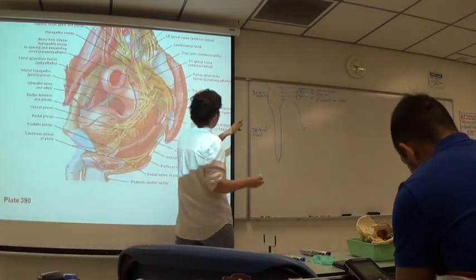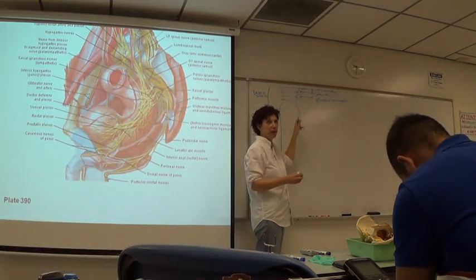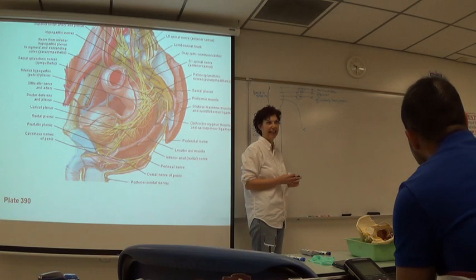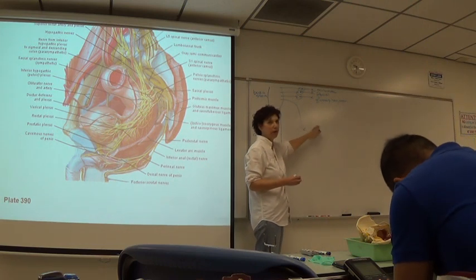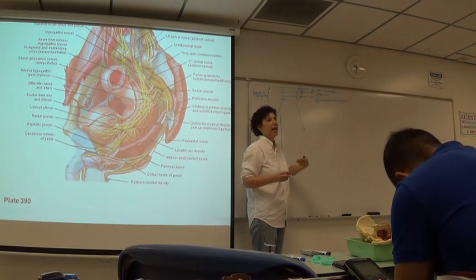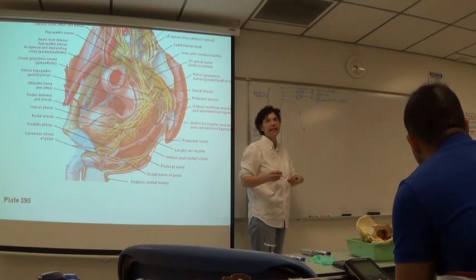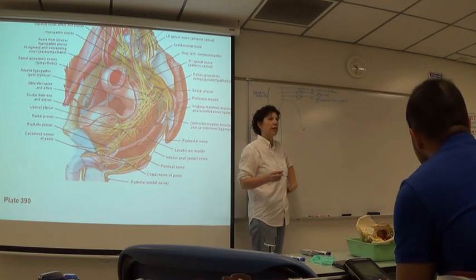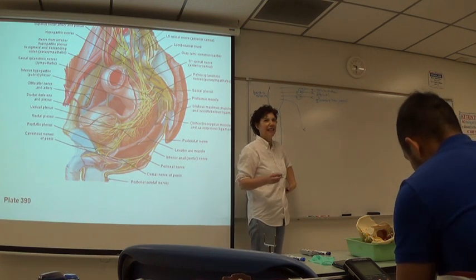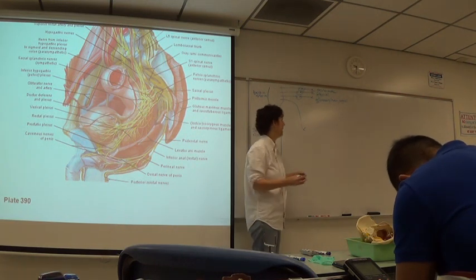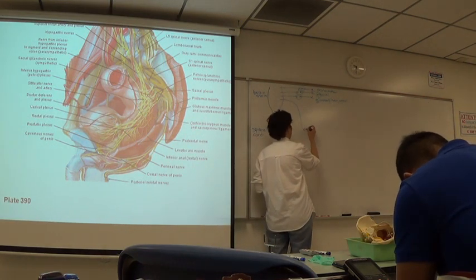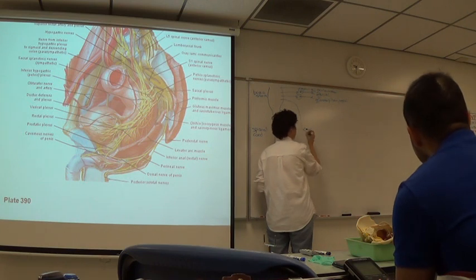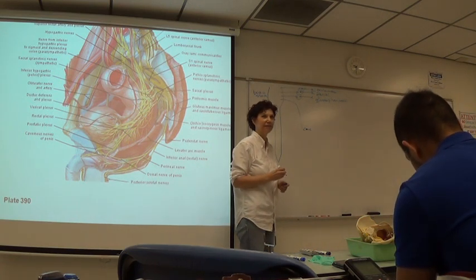Vagus nerve is the longest of our cranial nerves that is parasympathetic. It's going to go to the heart or the lungs, the pancreas, the small intestine, to the transverse colon. That's about where it ends. Okay? And then within the wall of that organ, we have a very short postganglionic neuron.